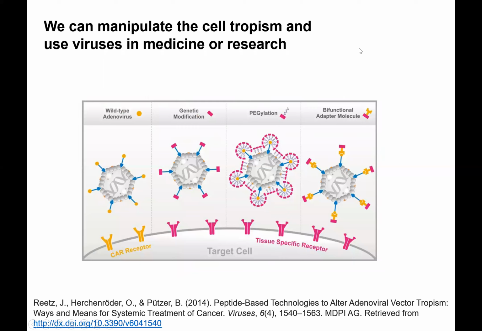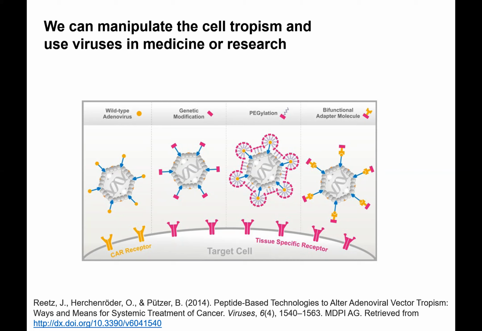This will connect to a lecture we'll have a little bit later, because one of the cool things is that we know that for some viruses, we can actually modify them and alter or manipulate their tissue tropism. And so this is just an image of adenovirus.